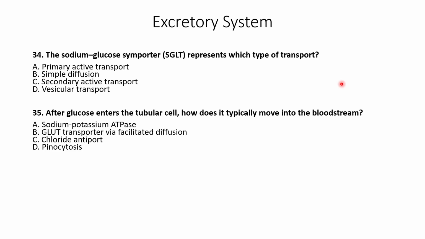Yeah, good job. You're absolutely right. That's the correct answer. This GLUT transporter is what allows this glucose to move. So, essentially, once you have glucose accumulating inside this tubular cell, it exits towards the blood using these GLUT transporters.